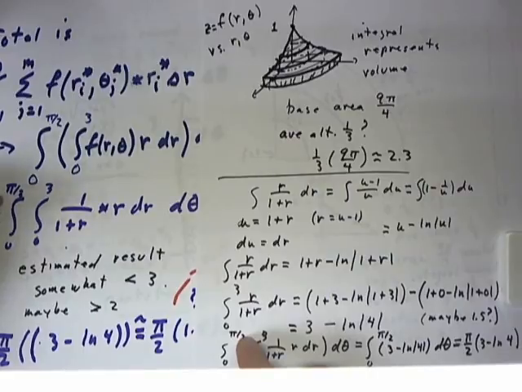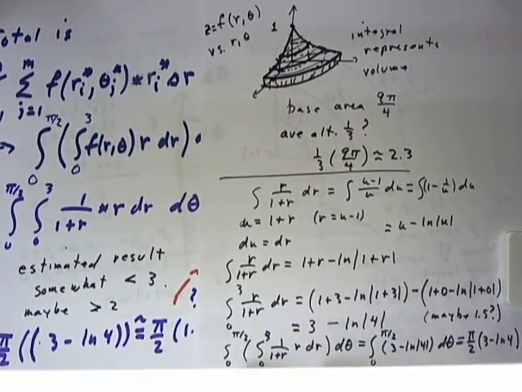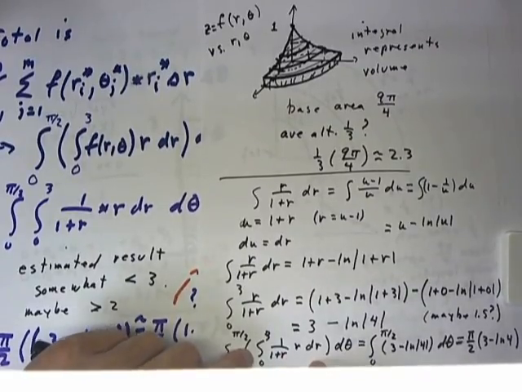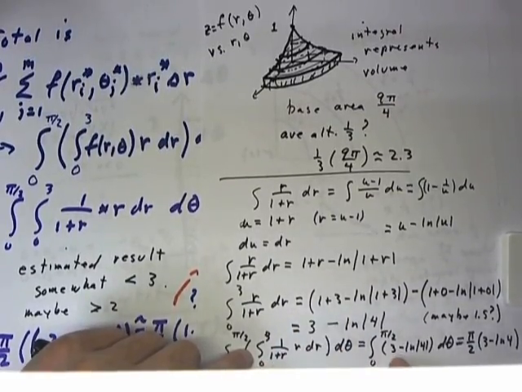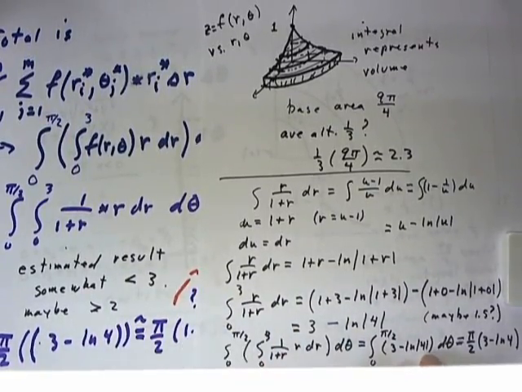Integrating with respect to theta was straightforward. The definite r integral came out with no theta dependence. It's just a constant. The integral from 0 to π/2 of dθ is π/2, so our result is π/2 times (3 minus the natural log of 4).